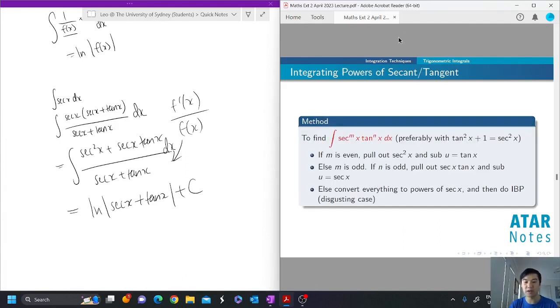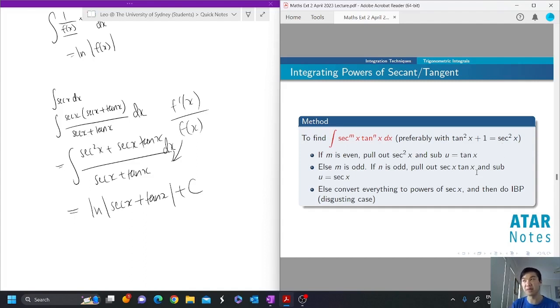And if we're integrating powers of sec and tan, it's the same sort of guiding principle. If your power of sec is even, you can pull out a sec squared and then use the substitution u equals tan x, so that you can get a sec squared x. Because remember, the derivative of tan is sec squared.